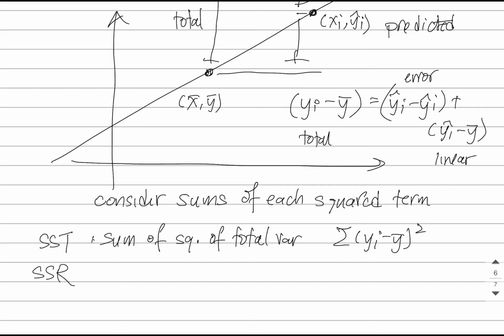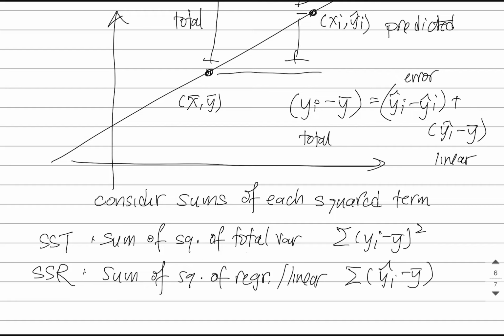SSR is the term they use for the sum of the square of the regression, or the linear portion, and that would be the sum of all of these yi hat minus y bar, squared.